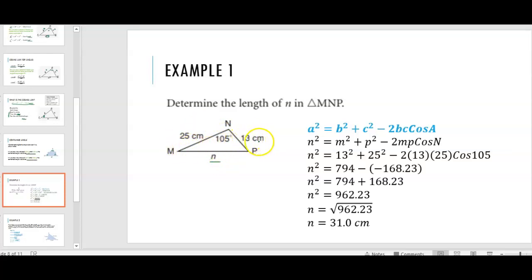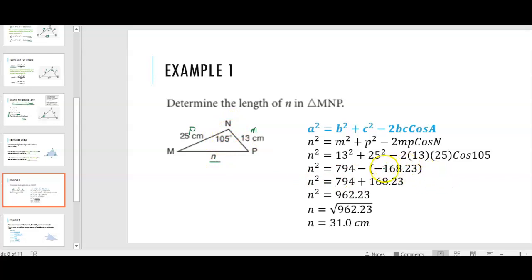So here 13 centimeters is side M, and 25 centimeters is side P, and we're asked to solve for side N. So, going from the general formula that we know with ABC, we're solving for N. N squared equals P squared plus M squared minus double the product of P and M multiplied by cosine of the angle N.